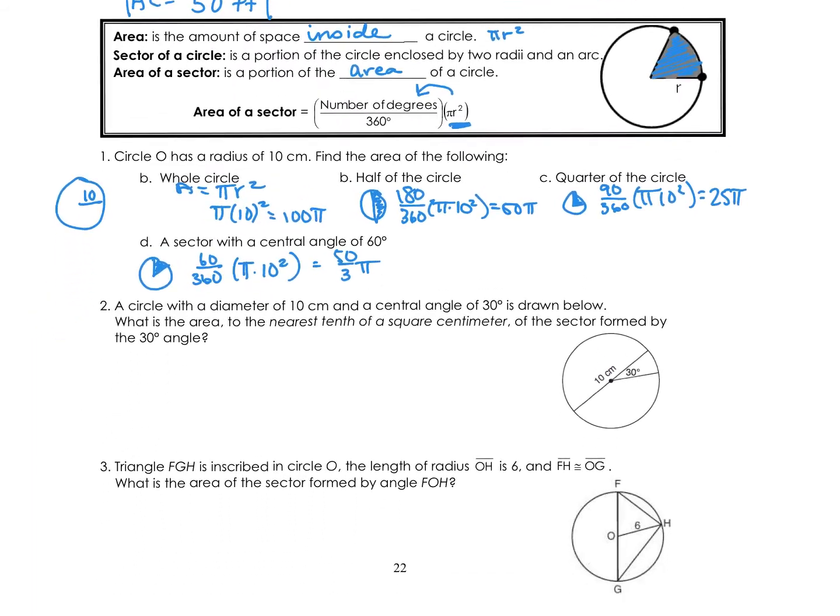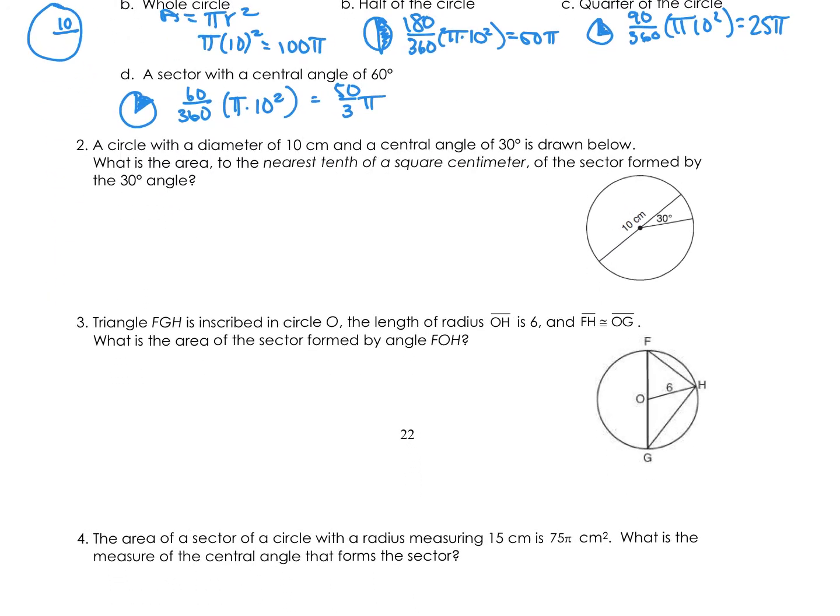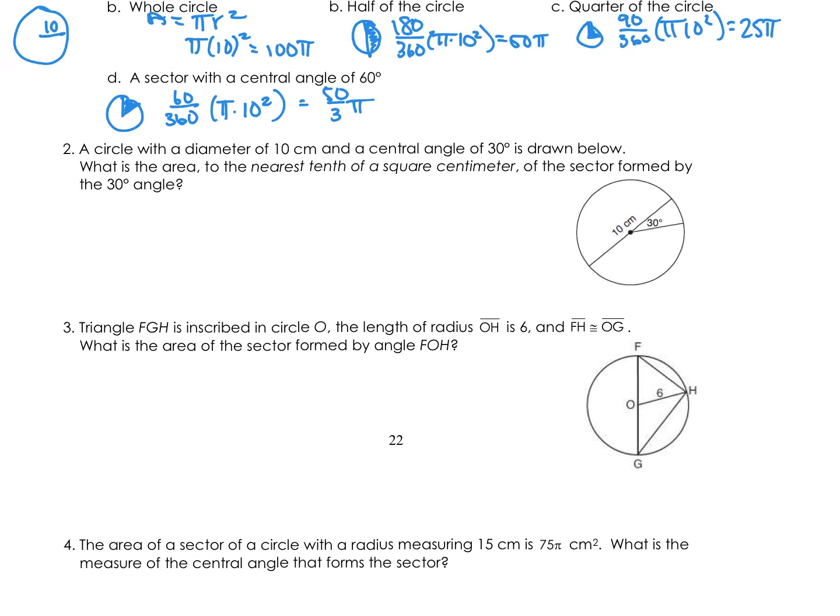All right. So we're going to continue kind of doing that. And again, you just need your degree and the radius for pi r squared when you're doing area. A circle with a diameter of 10 and a central angle of 30. What is the area to the nearest tenth of the sector formed by the 30-degree angle? So we want this sector right there.